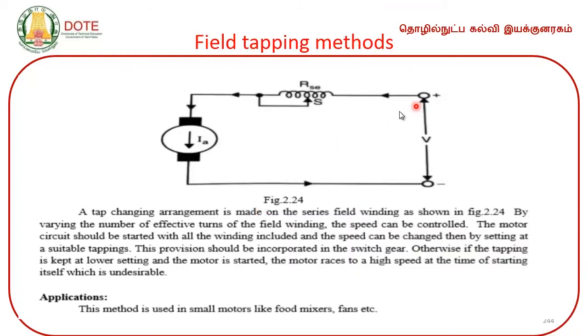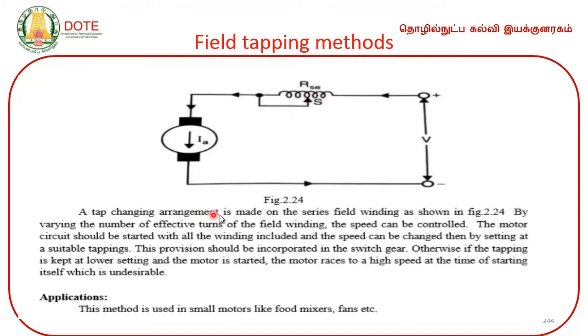Now, this is one of the methods employed for series motor speed control. What is this? Actually, it is a field tapping method. We are not going to include any diverter circuit here. Instead, we are going to have control over the field tappings, that is, the number of turns connected to the motor.